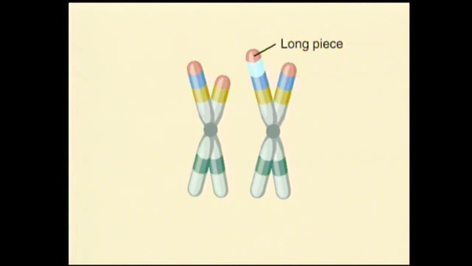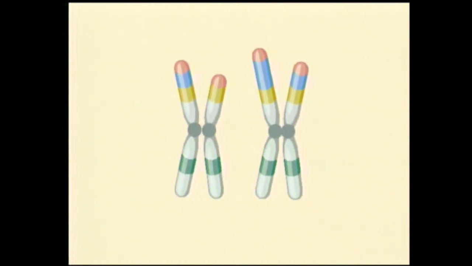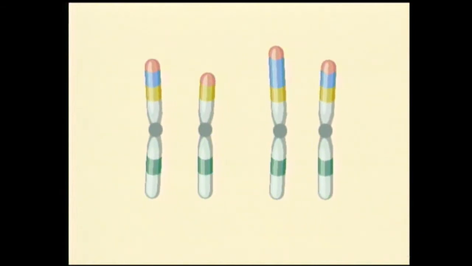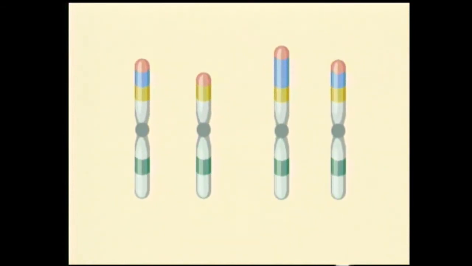When the long piece is attached, the chromosome gains a second copy of a gene. This error is called a duplication. When the pairs segregate and the chromatids separate in meiosis II, 4 chromosomes are produced. 2 of them have new combinations of genes.